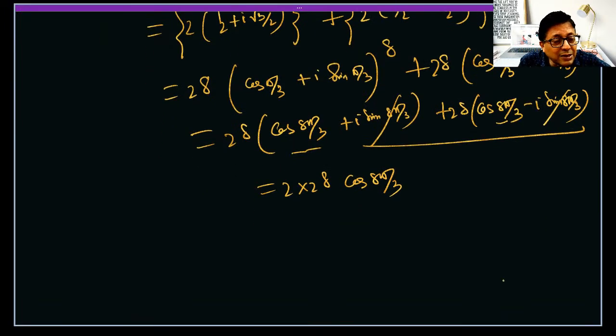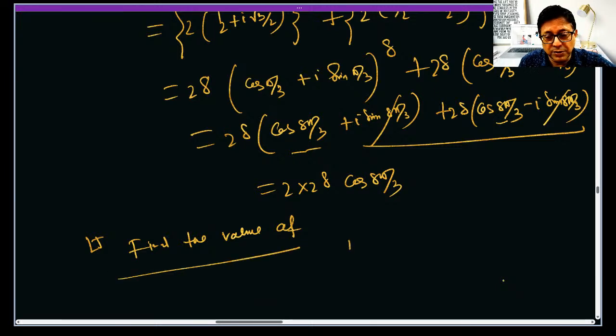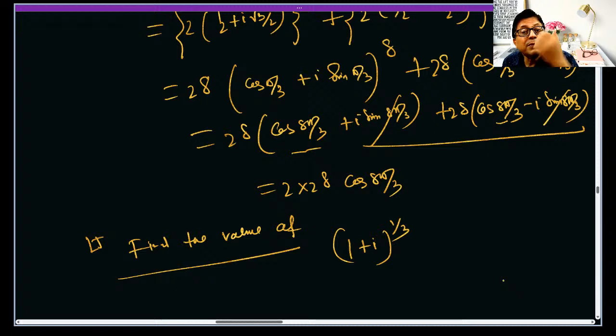Now they are asking another type of sum here. Find the value of, this time it is not similar to the previous one, 1 plus I to the power 1/3. This is not simplification.